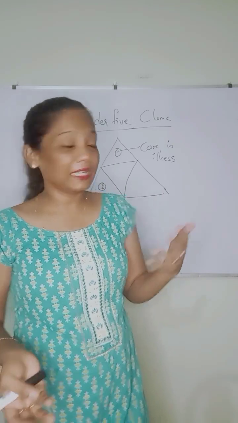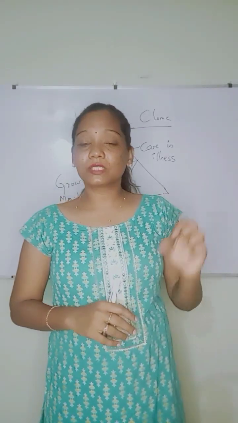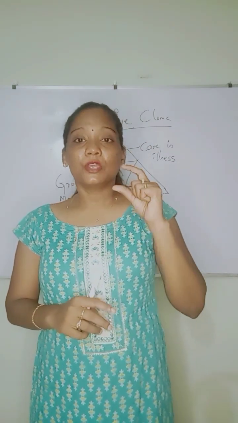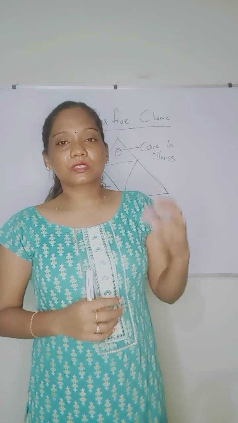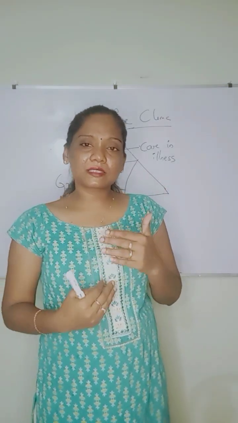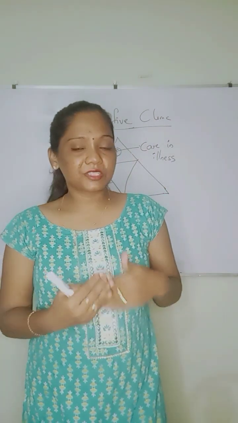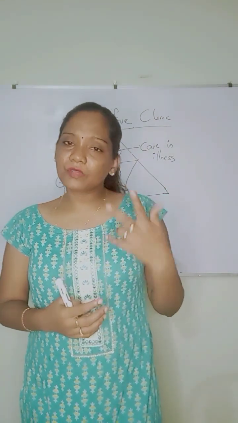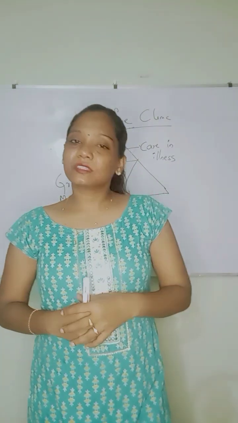But especially below 5 years, growth monitoring is a very important strategy to identify illnesses. For the first year, we go for health checkups every month. In the second year, every 2 months, and from the third to fifth year, once in 3 months.